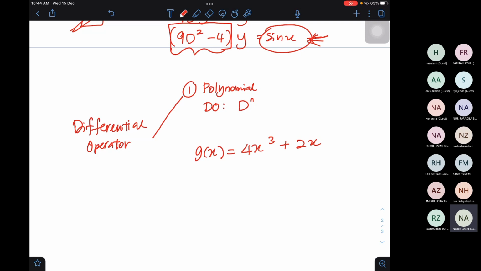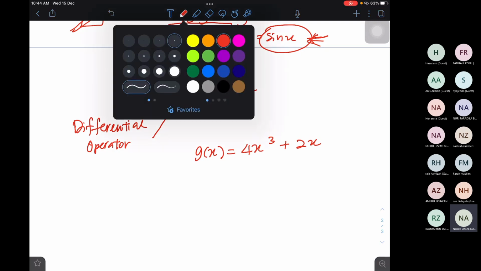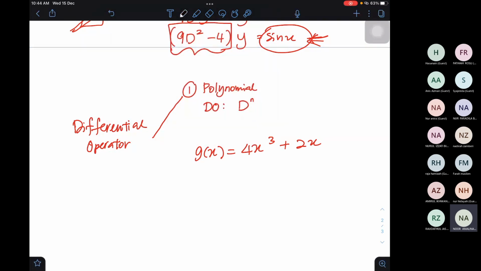Okay, so macam mana you nak tentukan your highest order dalam you punya equation ini adalah n minus 1. Okay, adalah n minus 1. So, your differential operator adalah d to the power of n. So, kalau n minus 1 equal to 3, n is equal to 4. So, your differential operator is d4.